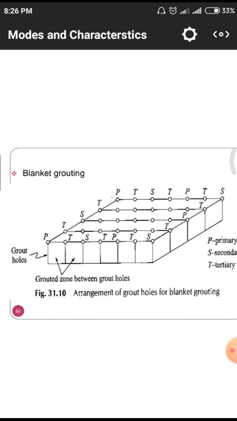In this blanket grouting also there may be primary, secondary, and tertiary layers, arranged in a sequential manner. P means primary, S means secondary, and T means tertiary. Due to this arrangement also there is a chance to fill the void.